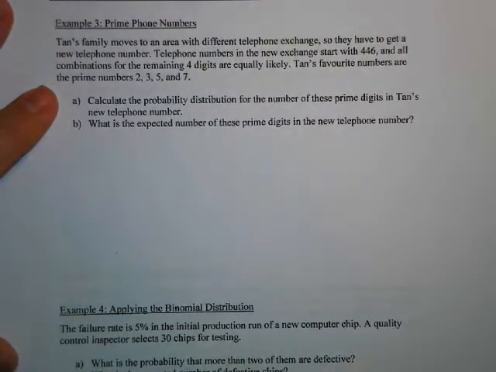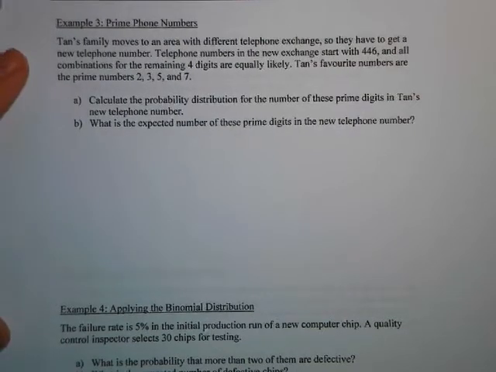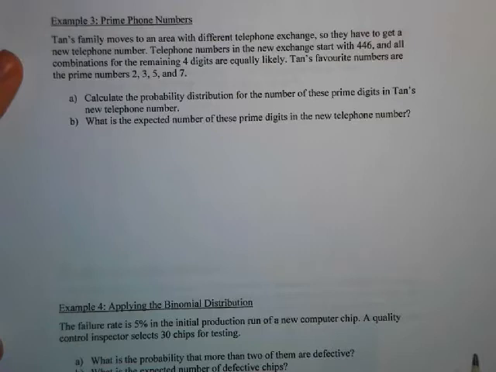So we want to calculate the probability of having 0 prime numbers in our phone number, 1 prime number, 2, 3, and all of them, 4. So it's a perfect example of this. Again, this is going to be a binomial distribution, because once we choose a number for the first digit, we can reuse that.